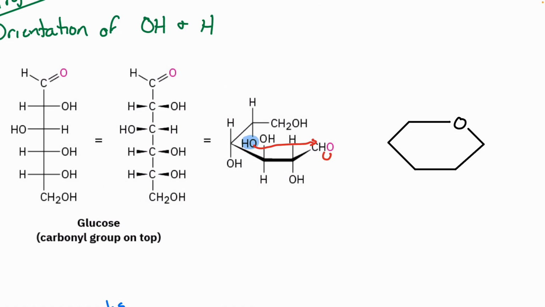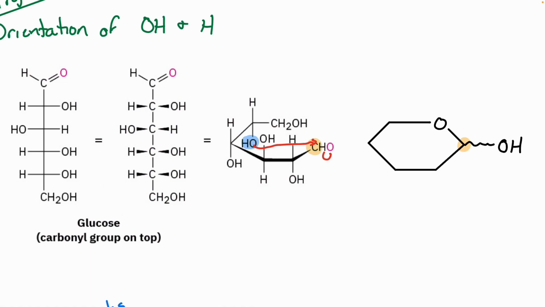All right? So first of all, this carbon that was my electrophile is this carbon right here. And that OH group that forms on that carbon is of unknown stereochemistry. It could have pointed up, it could have pointed down.